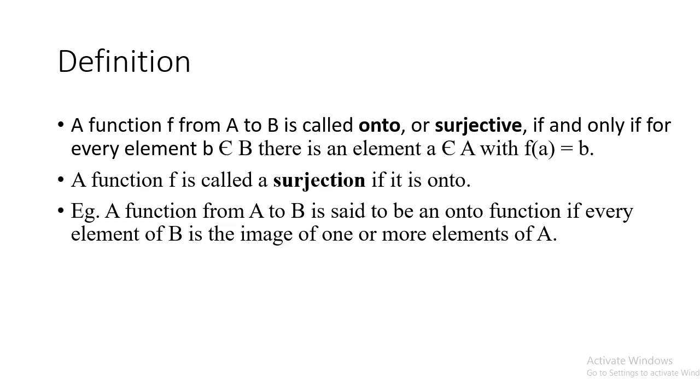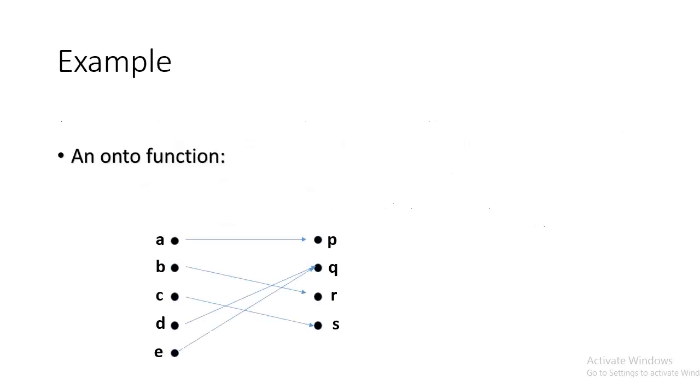Let's see one example. A function f from A to B is said to be an onto function if every element of B is the image of one or more elements of A. Next, let's see one example of an onto function. The left side column is the domain of that function, and the right side column is the corresponding images, or the codomain.